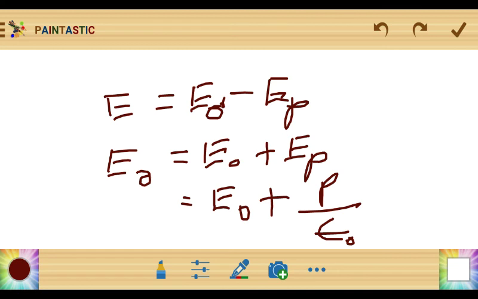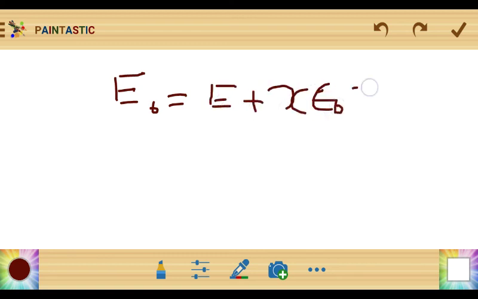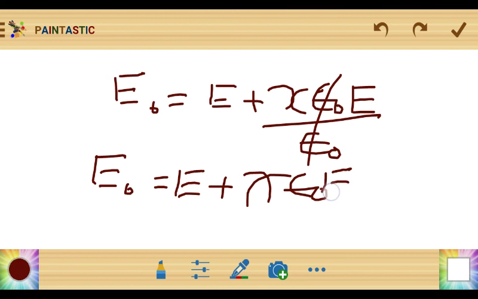And as we have found the value of P, after substituting we get E0 is equal to E plus epsilon 0 xi E upon epsilon 0, so epsilon 0 cancels out.